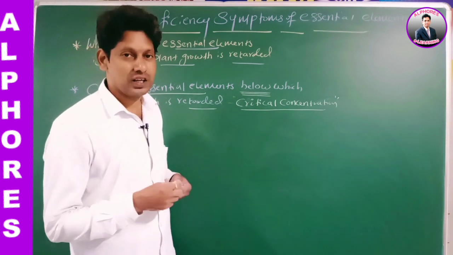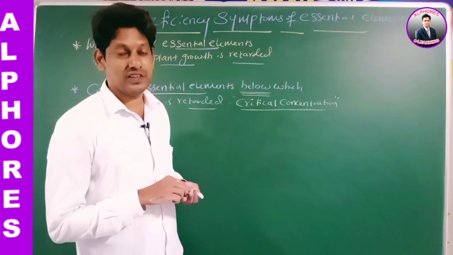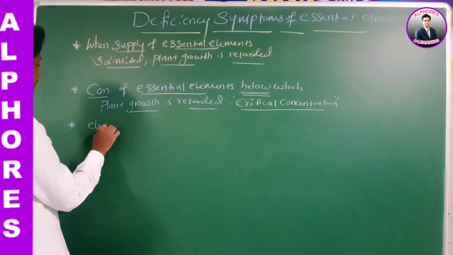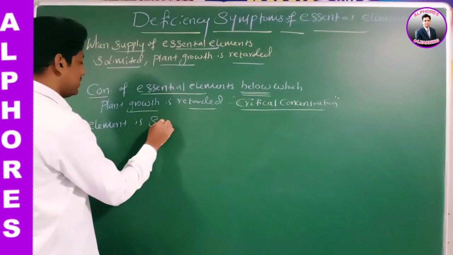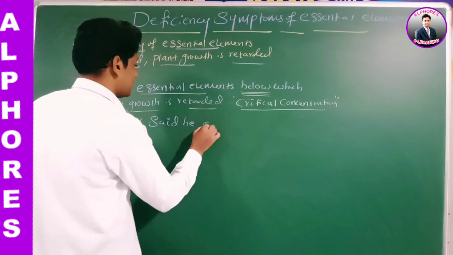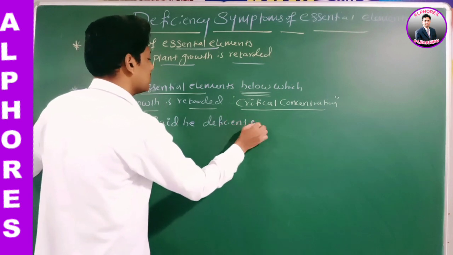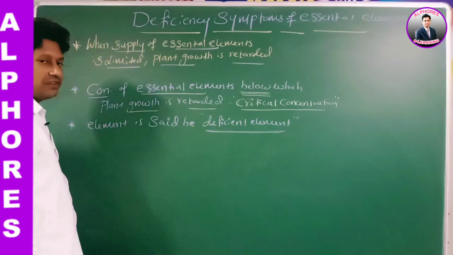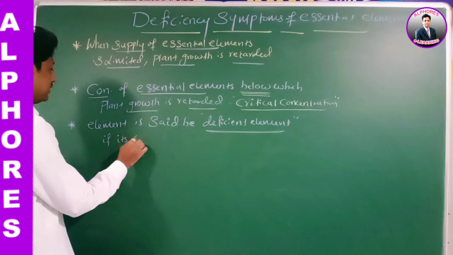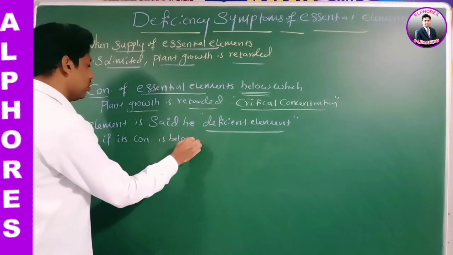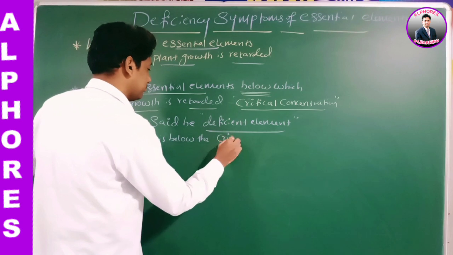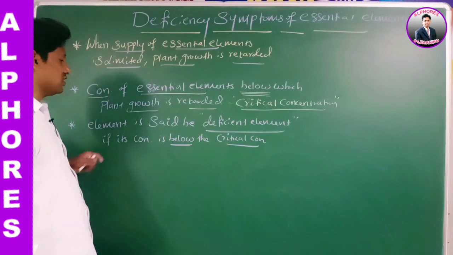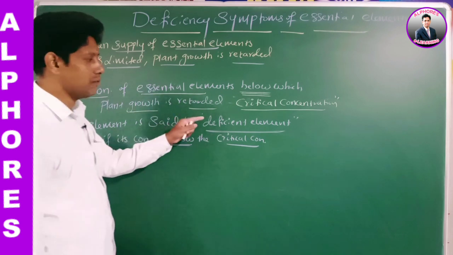Therefore, an element is said to be a deficient element if its concentration is below the critical concentration.